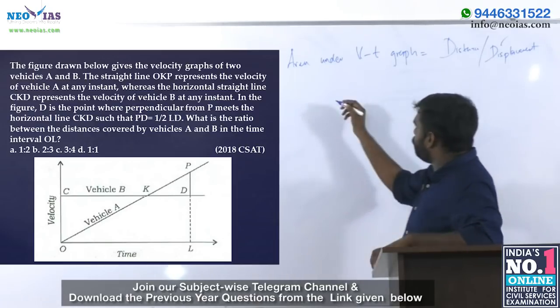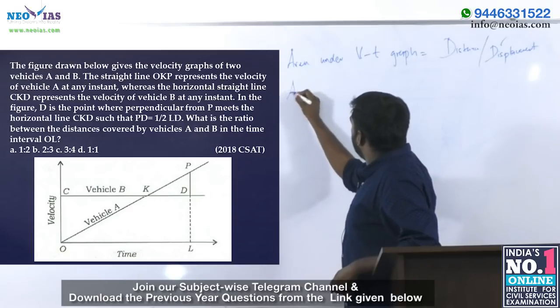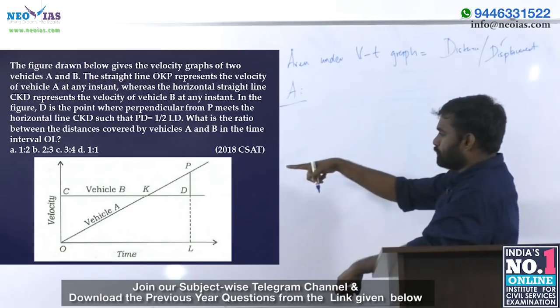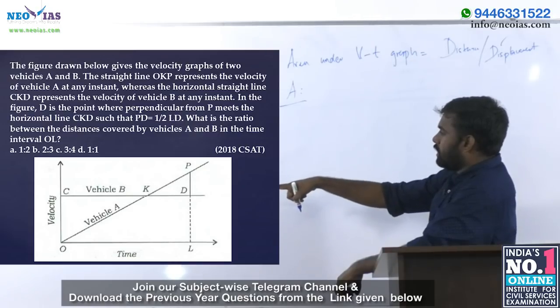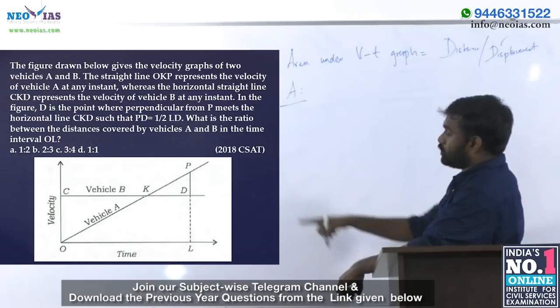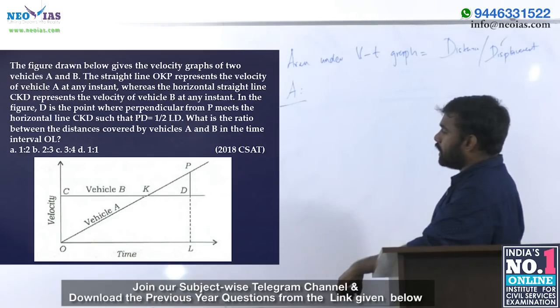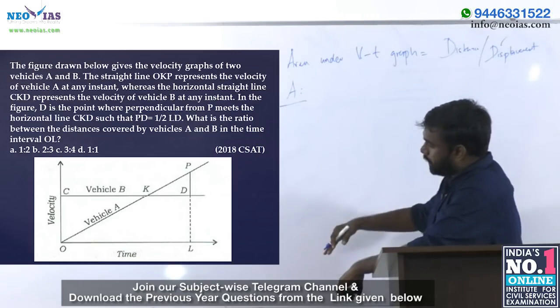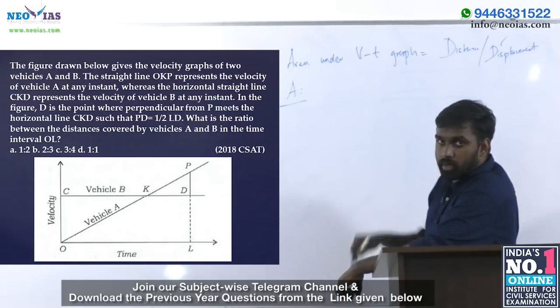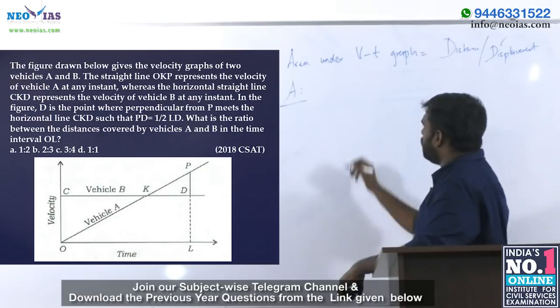So for the case of vehicle A, what distance is vehicle A covering? The distance covered by vehicle A is given by OKP. Velocity is given by OKP, right? So area under the line OKP is that of a triangle, right? What is the area of a triangle?